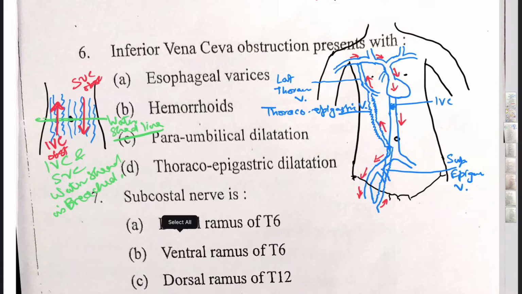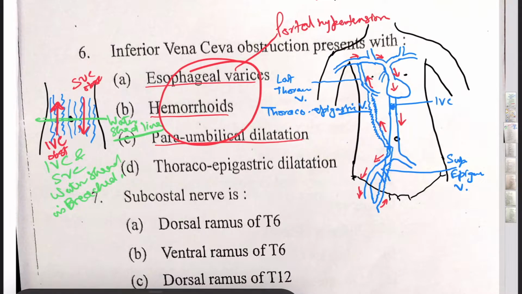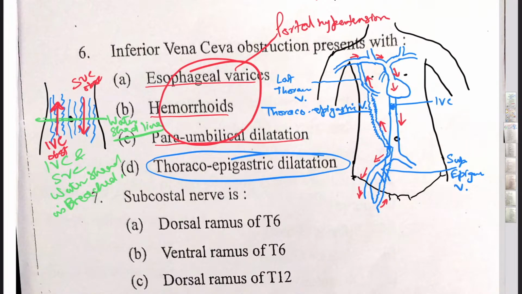So the watershed line is breached in SVC and IVC obstruction. It is followed in portal hypertension, which is called caput medusae formation, where the watershed line is obeyed. I hope you understood. So esophageal varices, hemorrhoids, and paraumbilical dilation are all features of portal hypertension. And inferior vena cava obstruction will present with thoraco-epigastric dilatation. So your answer becomes D.